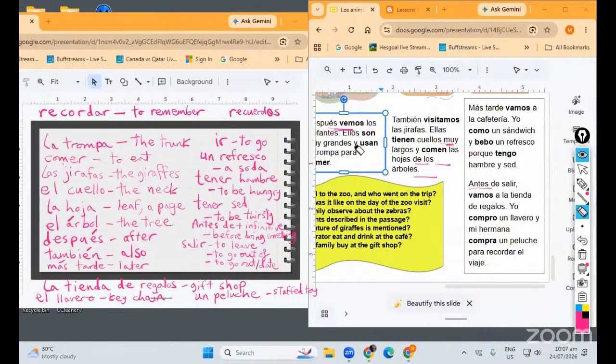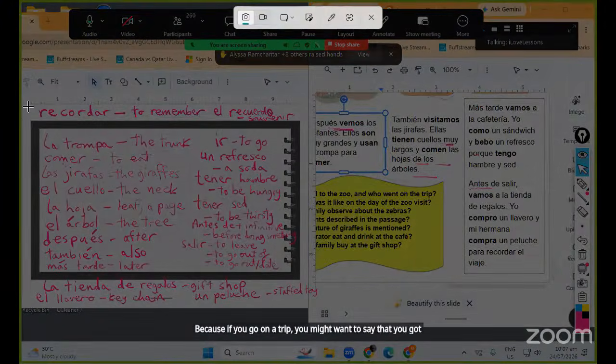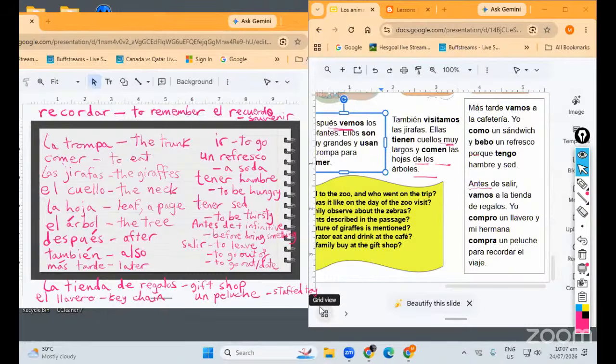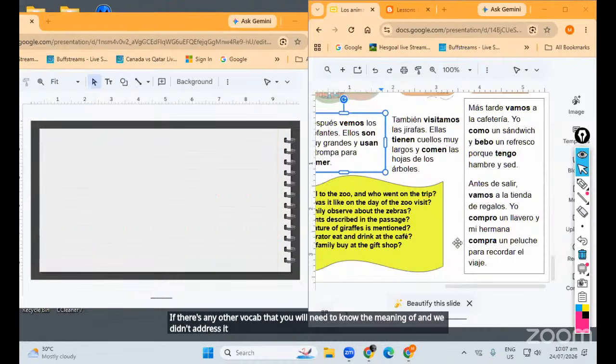Let me make it el recuerdo, for souvenir, right? Because if you go on a trip, you might want to say that you got souvenirs. So you would say recuerdo. Good. If there's any other vocab that you will need to know the meaning of and we didn't address it, please ask in the chat now.